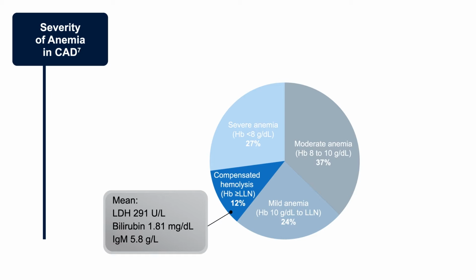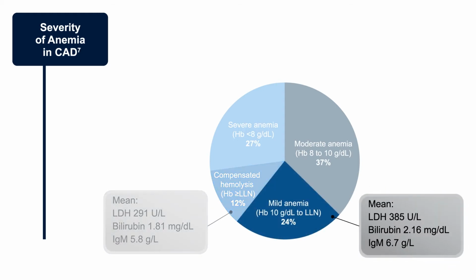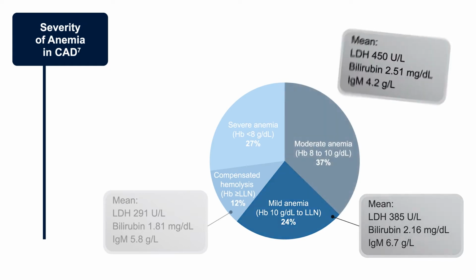Many of them may have evidence of hemolysis with a slight elevation in their LDH, as well as a slight elevation in their bilirubin, but they are compensating with an increase in reticulocytes that's able to not allow them to become anemic. About 24% of patients in this study had a mild anemia, a hemoglobin of around 10.